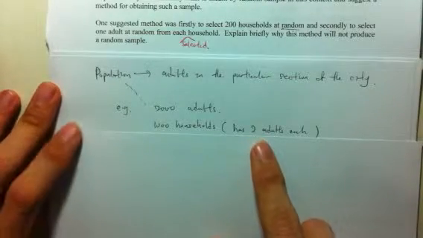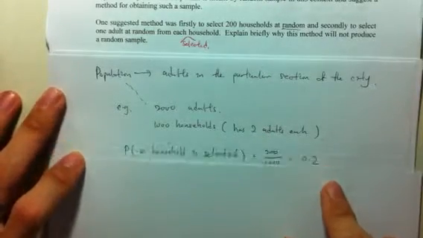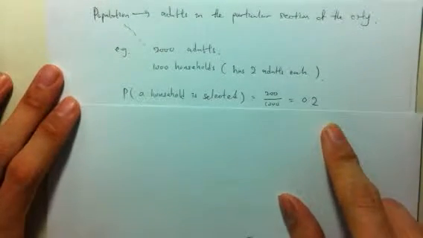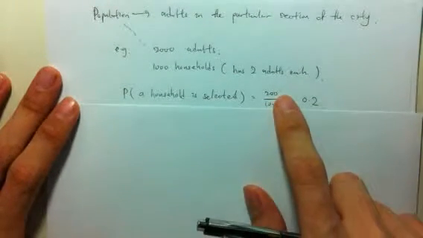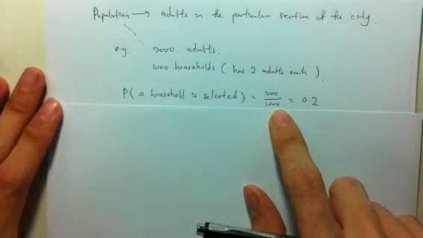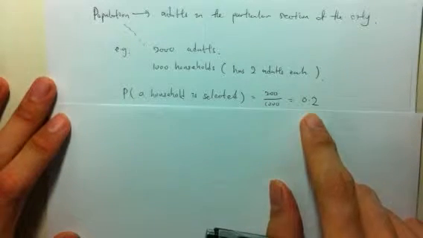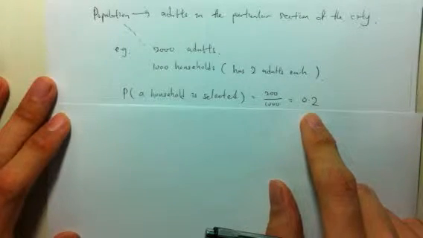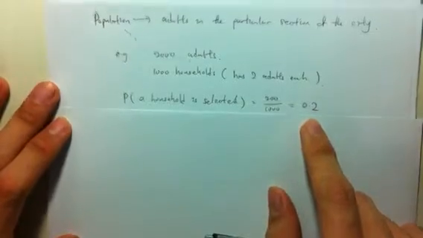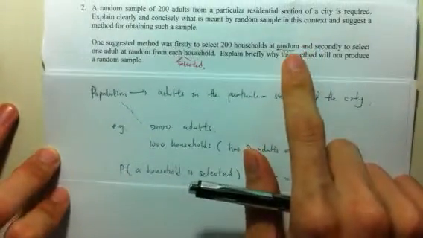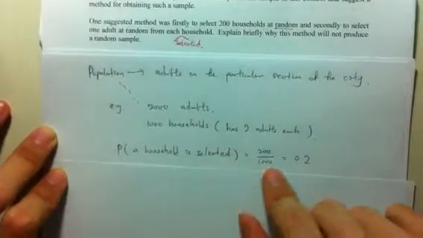Each has 2 adults. Now the probability that a household is selected would be 200 households out of 1,000 households, which is 20%, and this is a constant for every household because these households are selected at random. The keyword is random, and therefore every household has an equal chance.